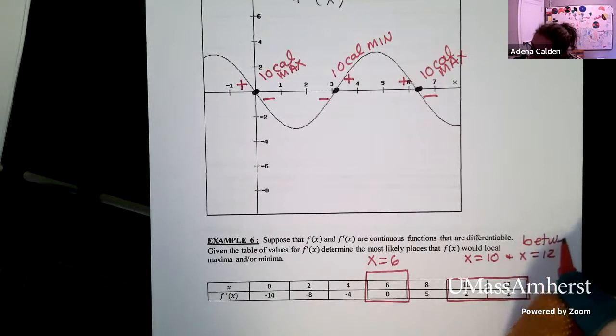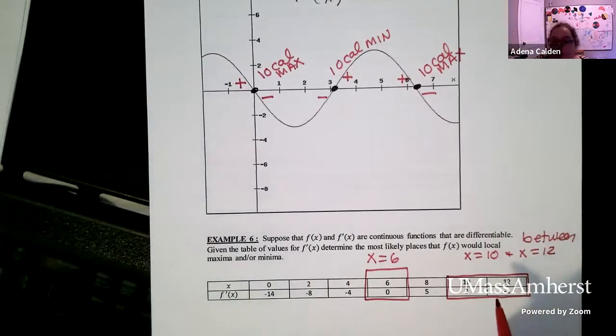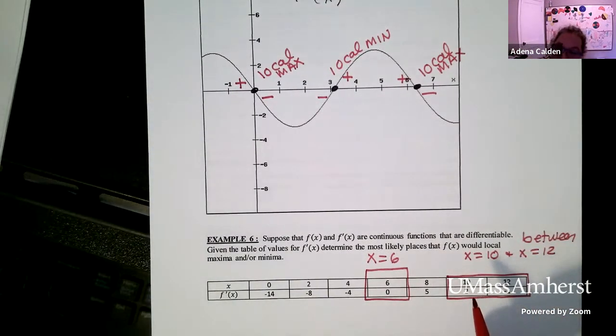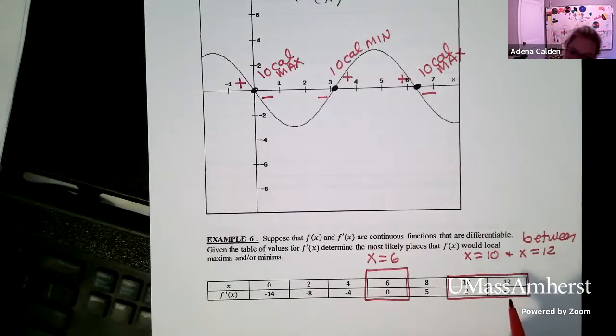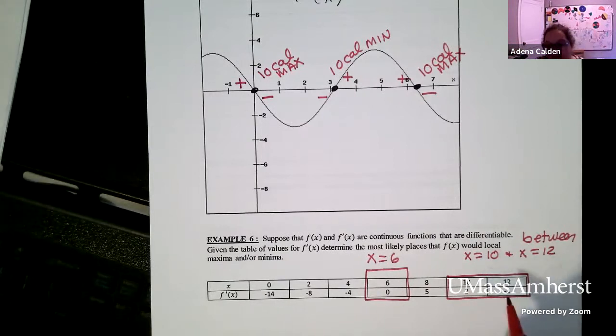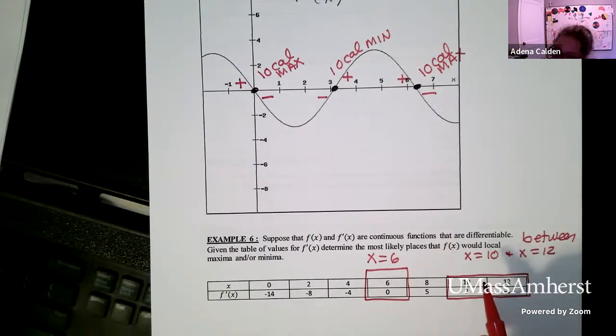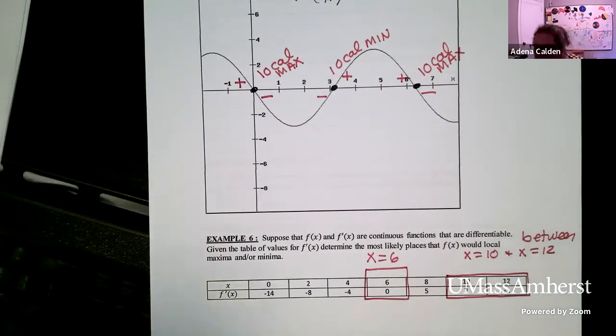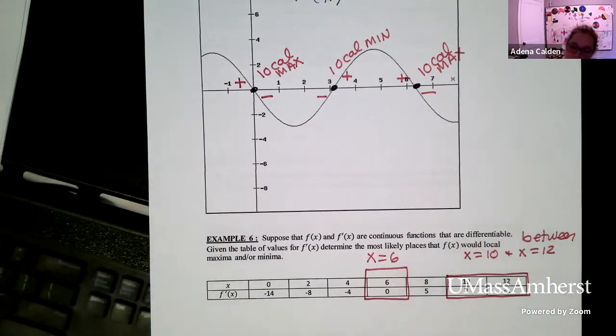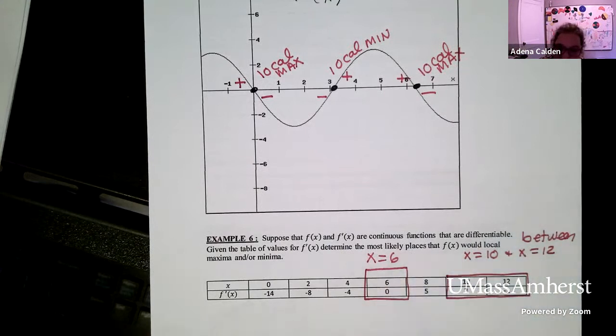The reason we were able to figure that out is because this function is continuous. In order for the value to go from +2 to -1, it would have to cross through the axis, giving a 0 value somewhere between 10 and 12. So there are 2 critical points here, one at 6, one between 10 and 12. Let's talk about x equals 6 first.